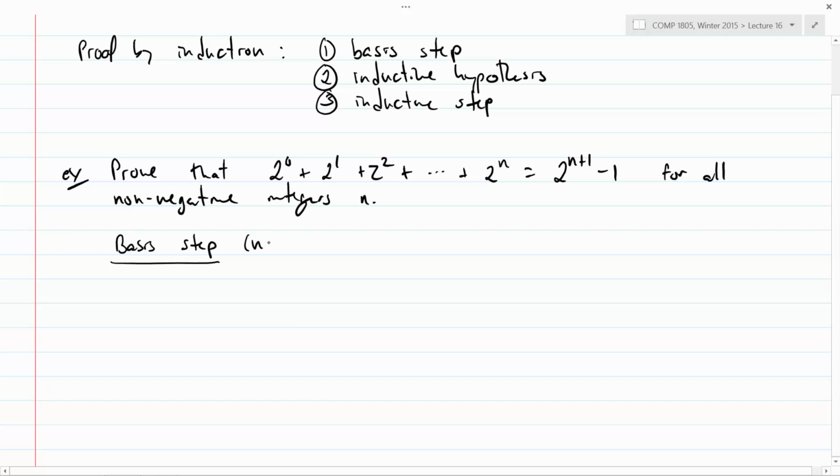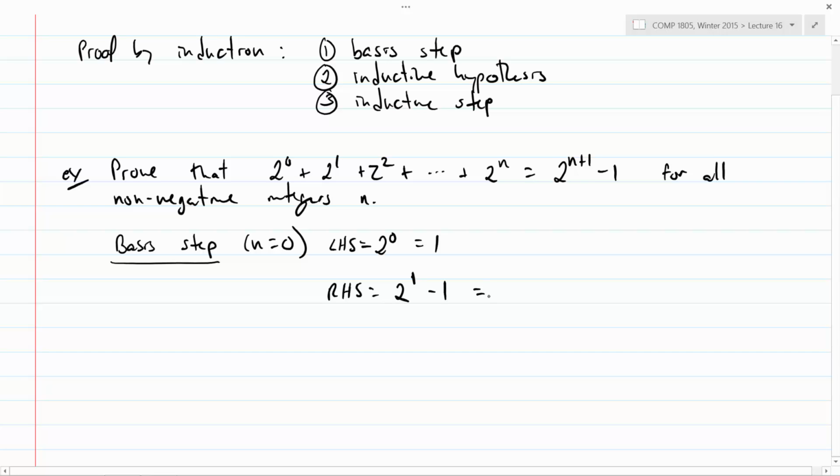So we start with our basis step. And I like to write down what the value of n is, just so it's completely clear. So in this case, the left-hand side is just 2 to the 0. I'll say LHS equals 2 to the 0 for left-hand side. And 2 to the 0 is, of course, 1. The right-hand side, well, if n is 0, then n plus 1 is 1, minus 1.